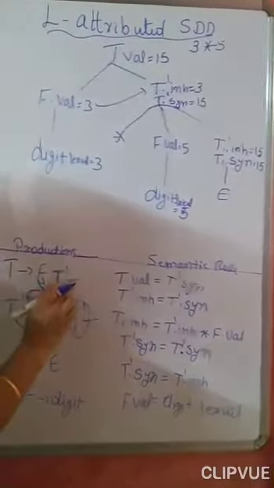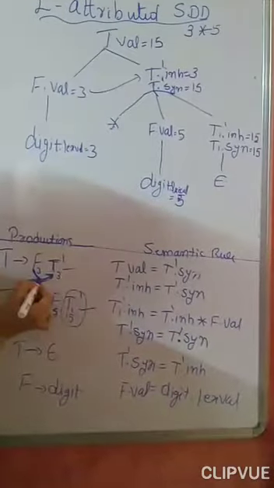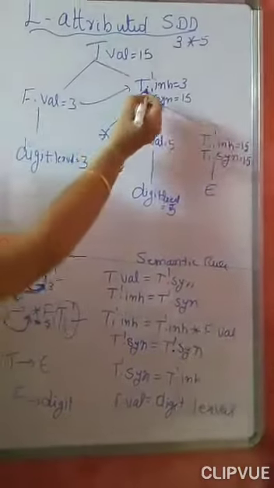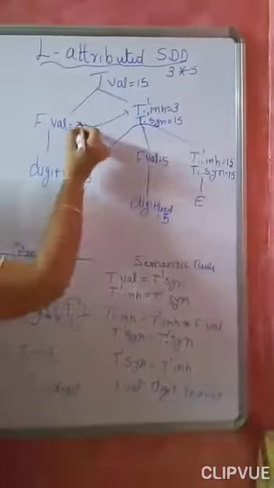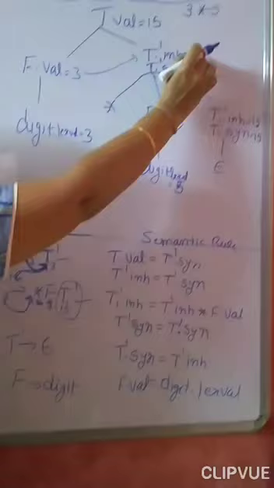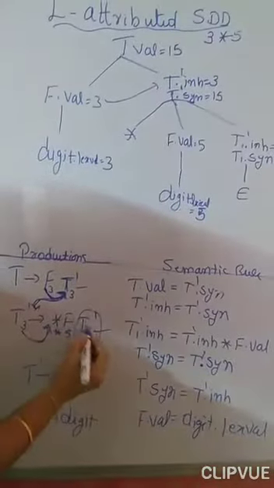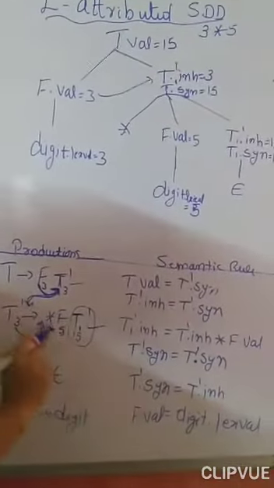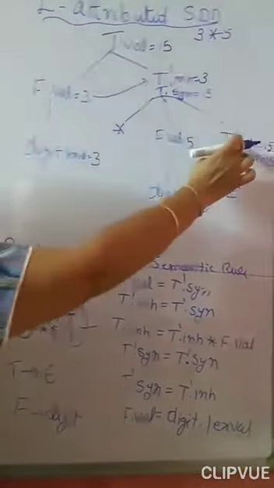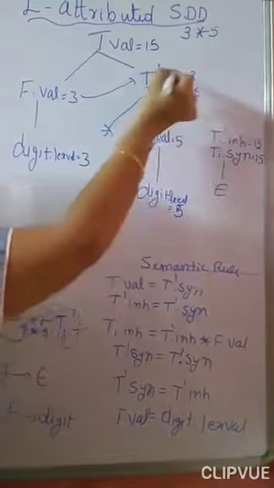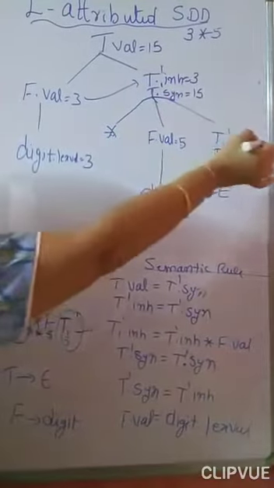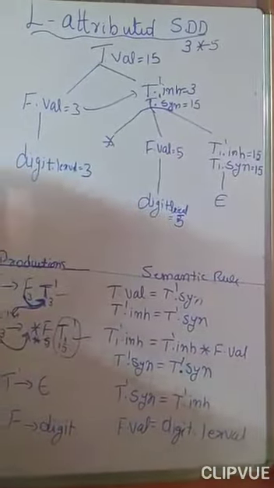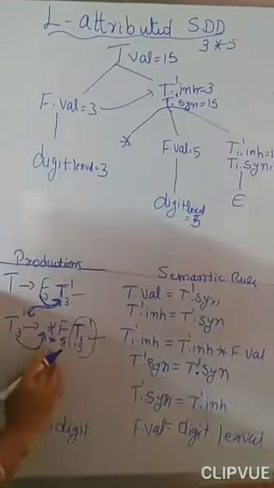What is the inherited value associated with the first one? We get it from F, so T dash inherited is equal to 3. And for this one, it is this into this, so T dash inherited is equal to 15.